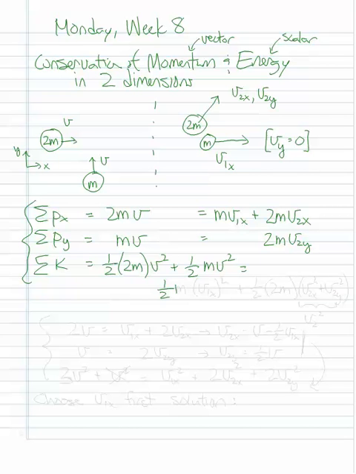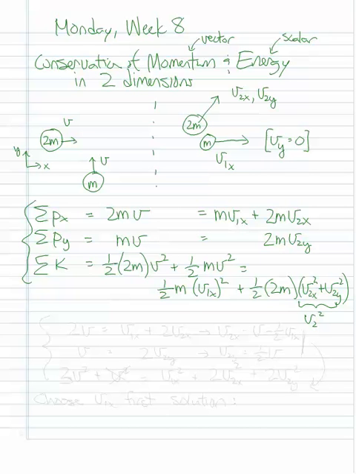Well, 1/2 m v1x squared is the velocity of that ball squared, plus 1/2 2m times v2x squared plus v2y squared. And that's the v2 squared afterwards. Okay, notice I don't separate that kinetic energy into 2 parts. It just has a speed squared.